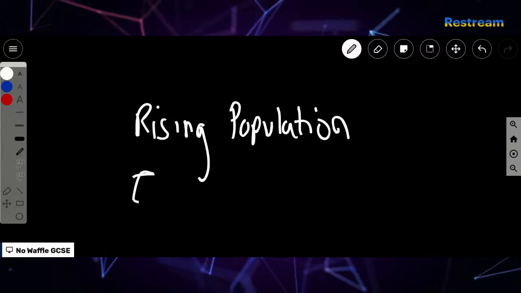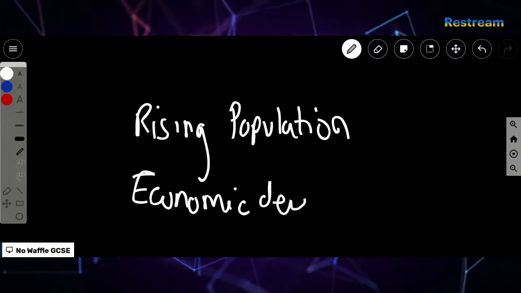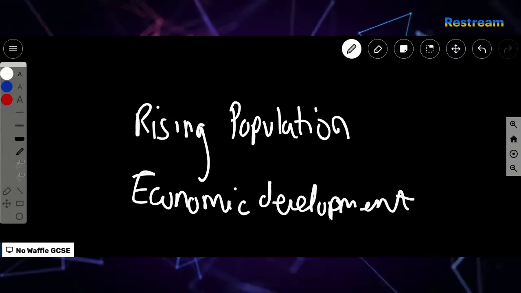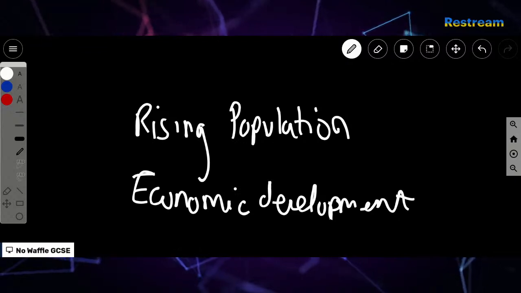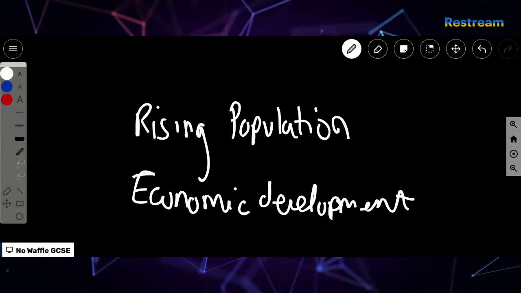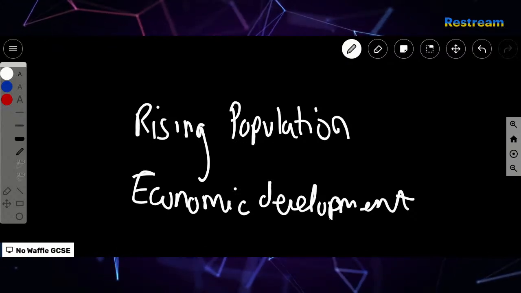Two is economic development, which is just that as countries have increased their wealth, they are more likely to have access to electricity. And then technological advances.